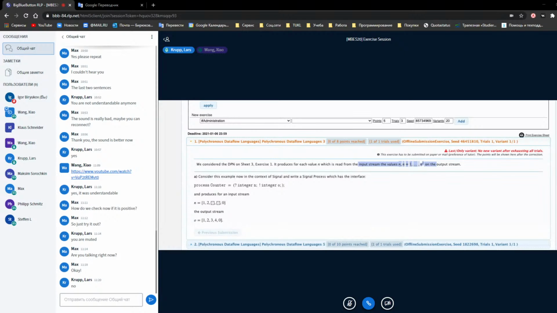If you get 2, then you get 2, and then you get box, then you should output 3, and you get box again, you should output 4. And you get 0 again, you should output 0. Okay, but in theory, this input stream could be infinitely long. Yes, and we can't say if it is infinitely long or not, because we only always get one element of it.